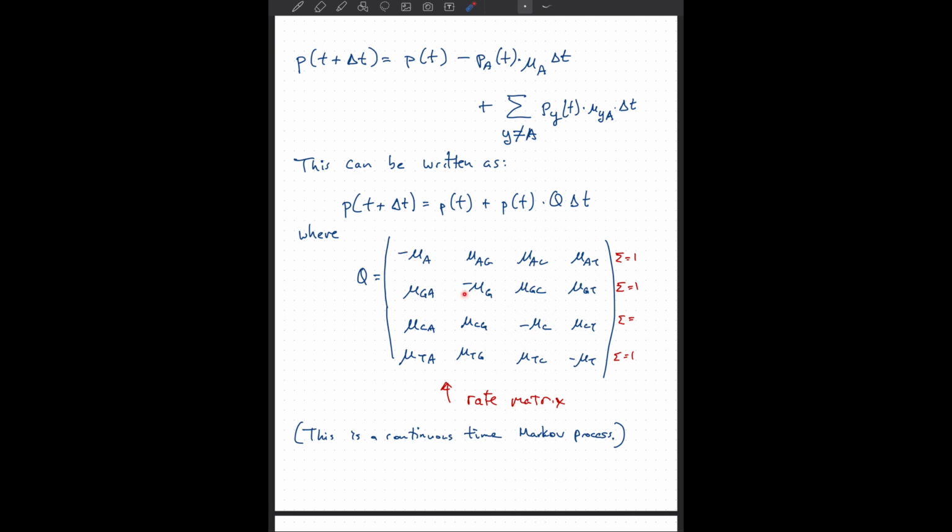That's just a way of writing this matrix so that it fits this equation. So that's what you need from your matrix Q. It has to be of this form. Often these statistical genetics models for sequence evolution don't give you the probability matrix that you'd expect from a Markov chain. Instead, they give you this intermediate product called Q.